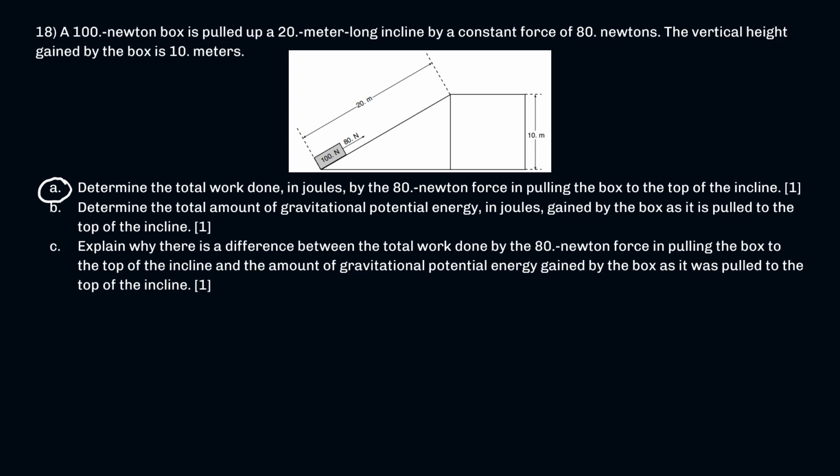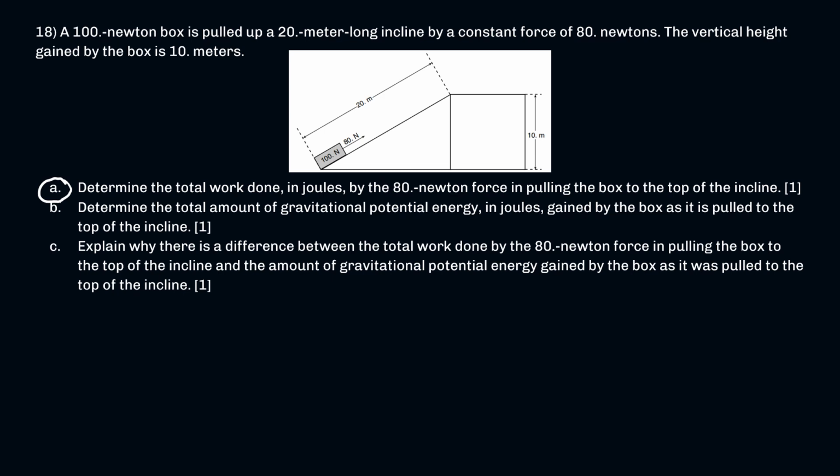All right, so work done. With this, work has multiple equations on the reference table. You either have force times distance or the change in total energy. For this example, we are being asked to do only the 80 Newton force pulling the box to the top of the incline.